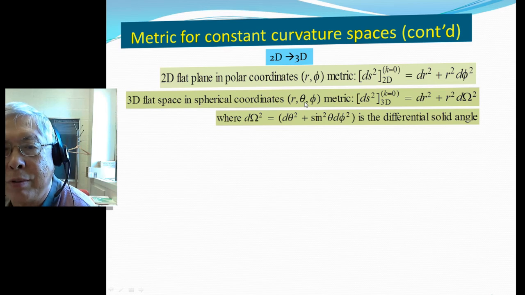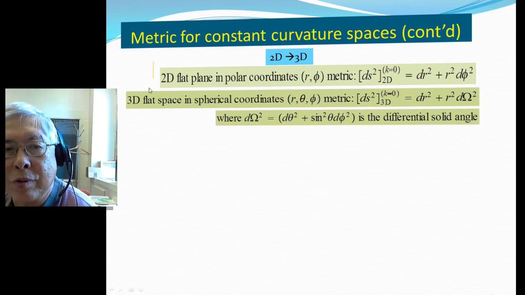Basically, you have an extra degree in polar coordinates. Then the metric, you can check, equals dr squared plus r squared d omega squared, where omega is the element of the solid angle, equal to d theta squared plus sine squared theta d phi squared. It's just the differential solid angle.